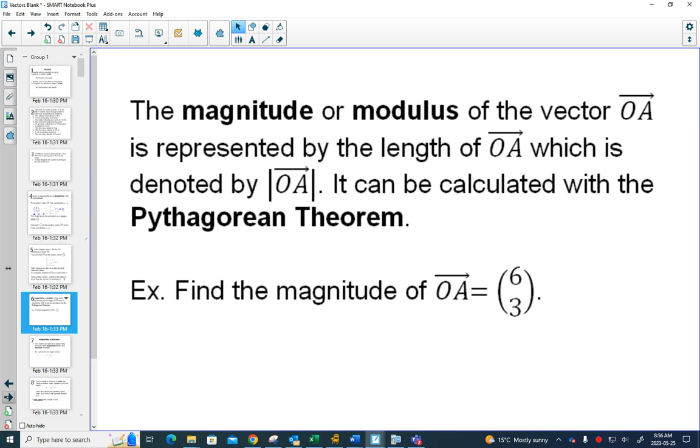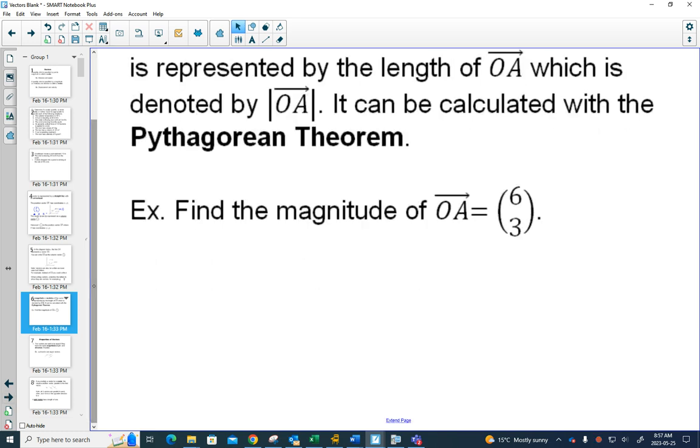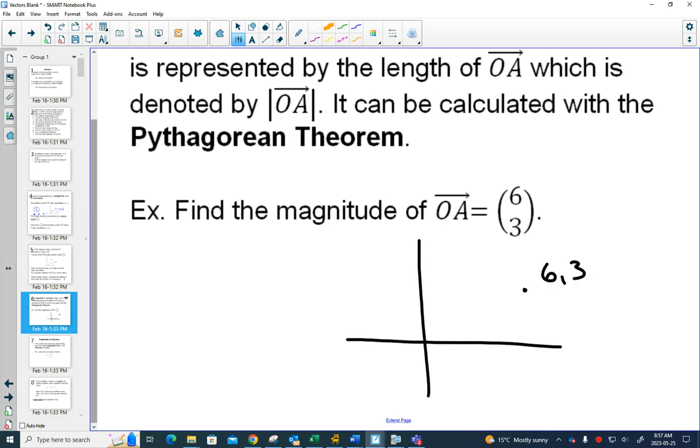Well, we use the same thing here for the absolute value. So if you were asking and drawing this out, and I went to (6, 3), there's that point. Here's the vector. If I want to know the length of that vector, I'm still asking how far away is it from 0. And in this situation, you can easily draw a right-angled triangle and do a squared plus b squared equals c squared, just like you would have done before, and get the square root of 45.